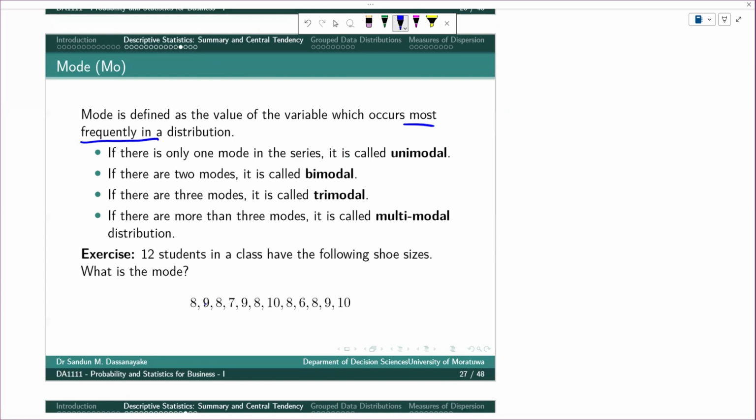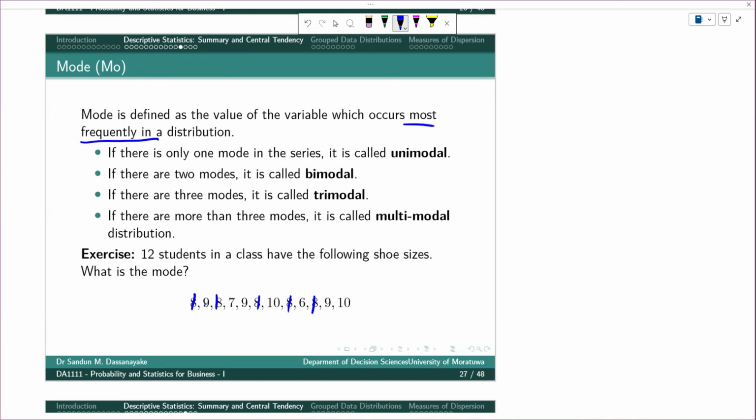12 students in a class have the following shoe sizes. What is the mode? Can somebody tell me what is the mode? Got 8 as an answer. Okay, 8 is the answer. You have 8, 8, 8, 8, 8.